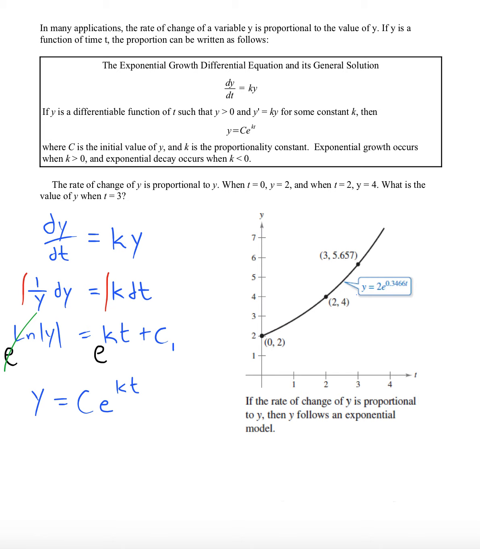Now that we've found the general solution, we'd like to find the particular solution that conforms to this curvature here. So we have a point, 0, 2: with a t of 0, we have a y of 2. So I'm actually going to plug that in because we need to determine what the values of c and k are.